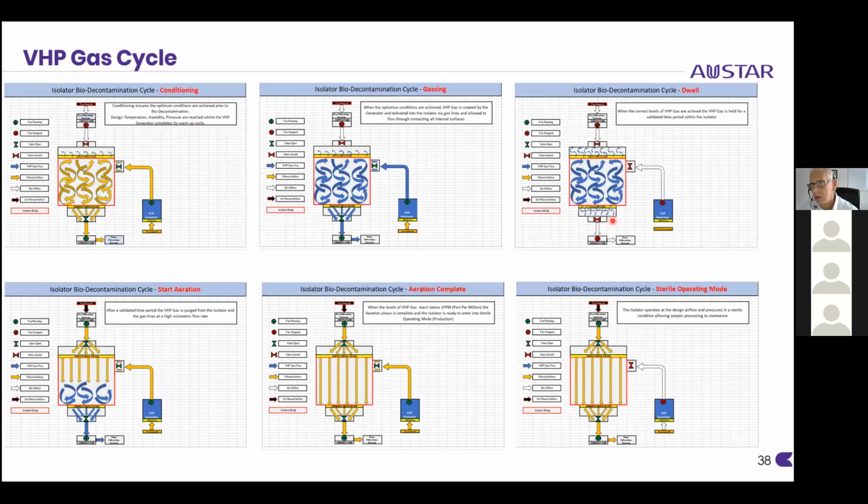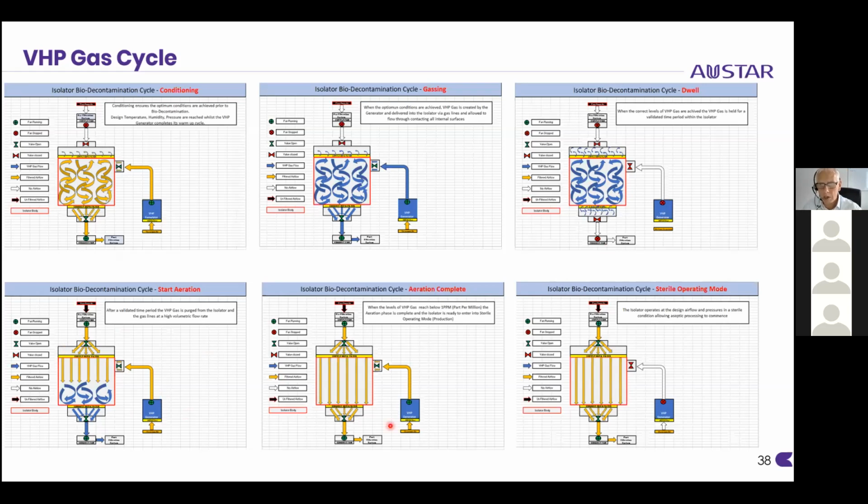In some cases, we'd instigate a dwell phase as part of the cycle. So we hold the gas inside there, so it stays touching the surface. It continues with the kill cycle. At the end of that validated cycle, we need to remove all the VHP from the system because it's harmful to product. It's definitely harmful to humans. So we need to take it away and also clear it of all VHP before it goes out to the atmosphere.